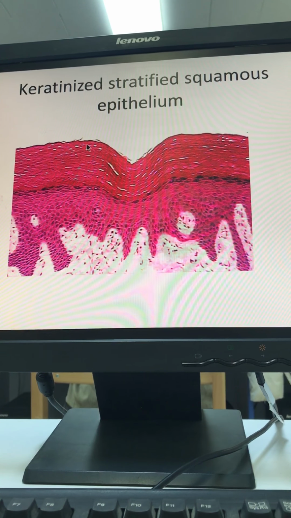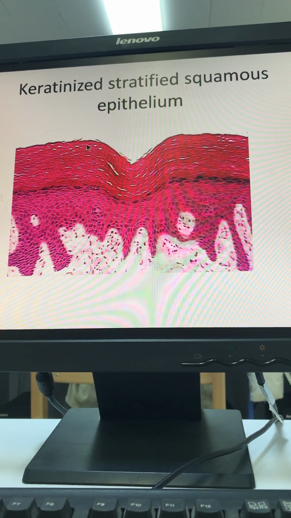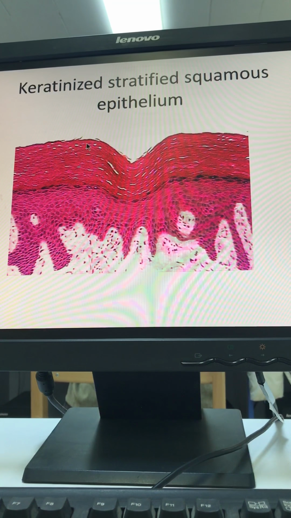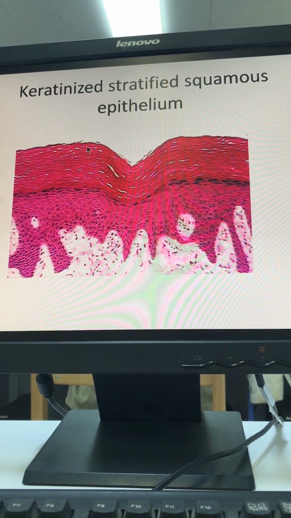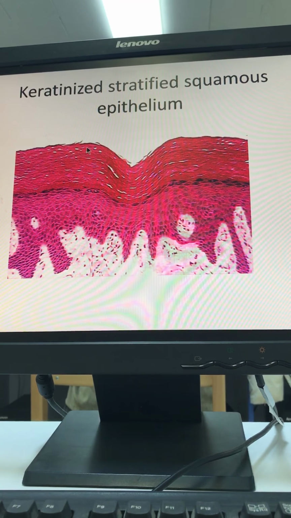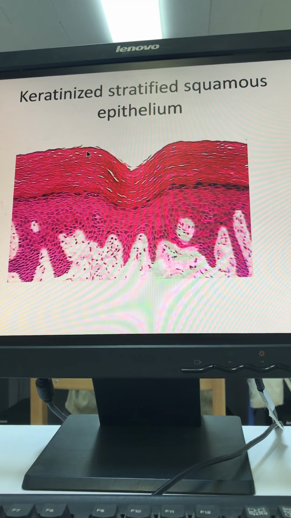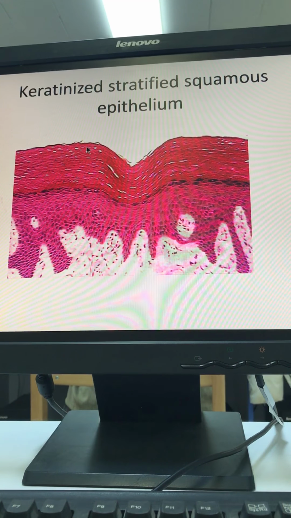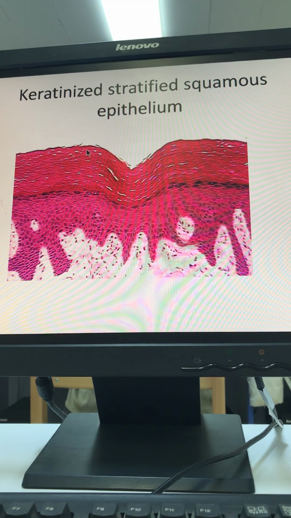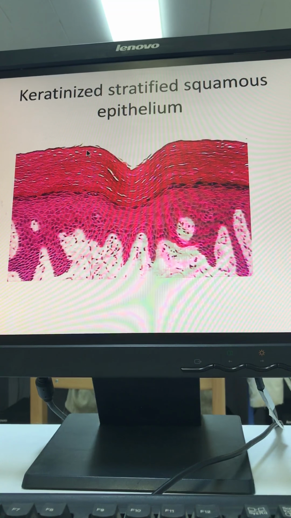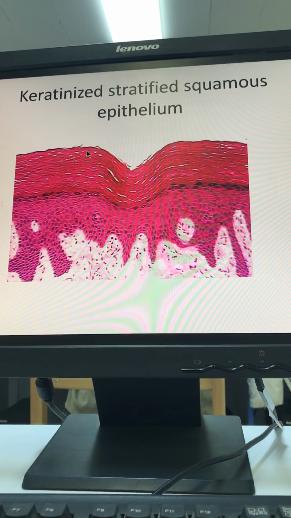Now we need the keratin when we have friction. Okay, more friction. Usually we have a lot of keratin that covers the dry surfaces. Usually wet surfaces are covered or lined by non-keratinized stratified squamous epithelium, with certain exceptions.